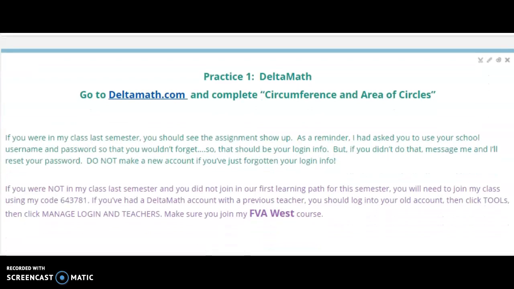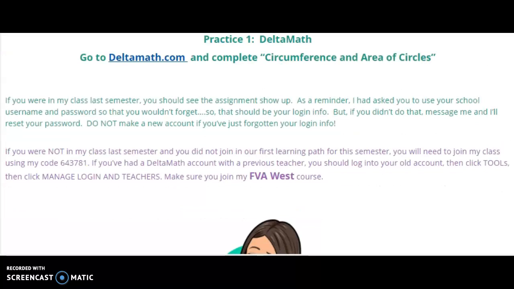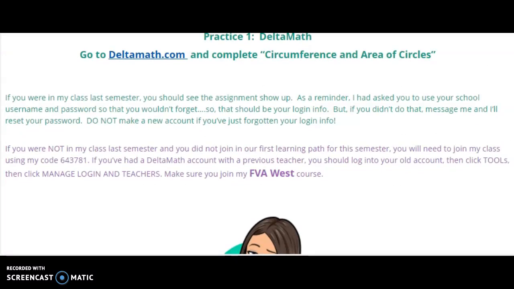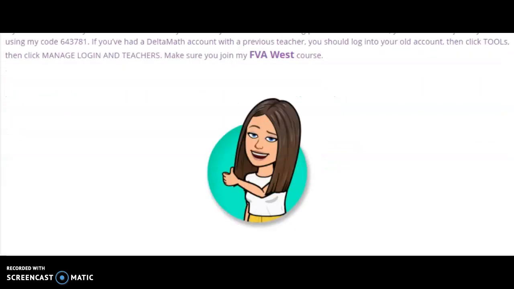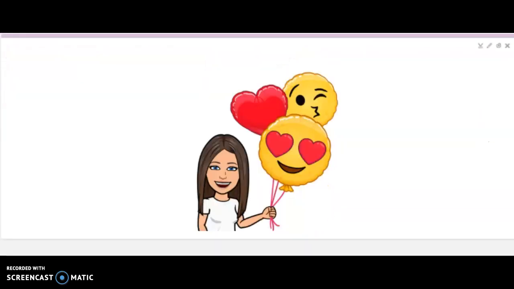And then you want to move to this Delta Math assignment, okay? So there is some important information here about Delta Math if we haven't used it in quite a while. So just make sure you read through this, as far as information about logging in, okay? And that is it for that particular page.